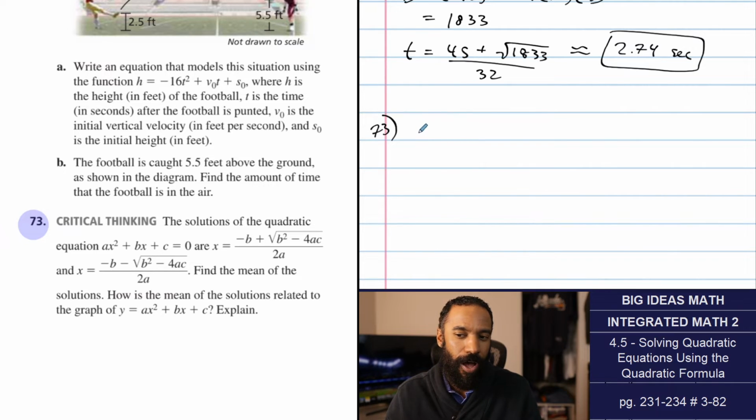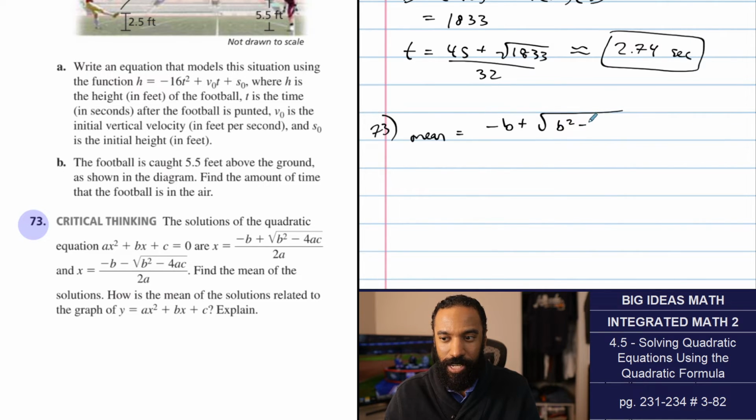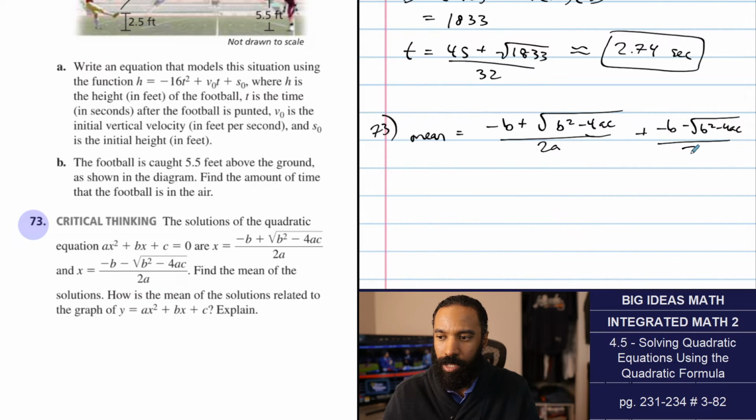So if we're going to go the long version, hopefully you already know what this answer is. Mean equals, so we're going to do negative b plus the square root part, again, the book's doing all of the teaching for you on these things, which were very relevant earlier. And plus this one, negative b minus the square root part, all divided by 2.